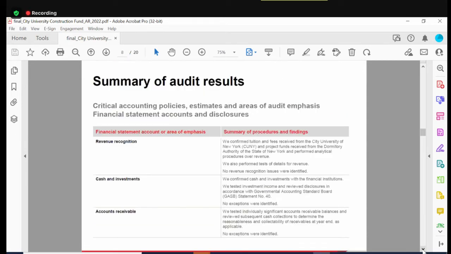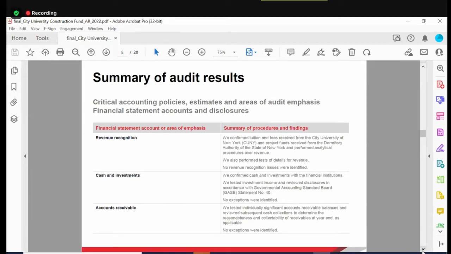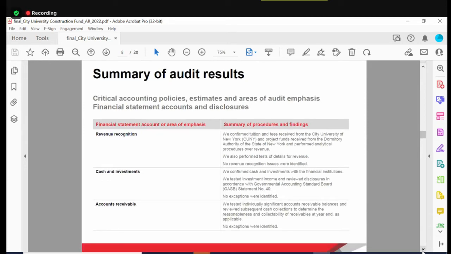Next page. So this is really a summary of audit results. The critical accounting policies are disclosed to you in the footnotes of the financial statements. We looked at your revenue recognition policies, confirmed tuition and fees received from the City University of New York, and project funds received from the Dormitory Authority of the State of New York.